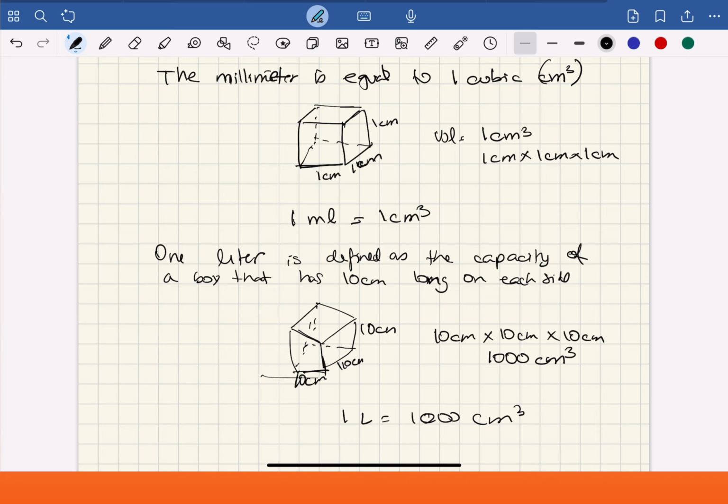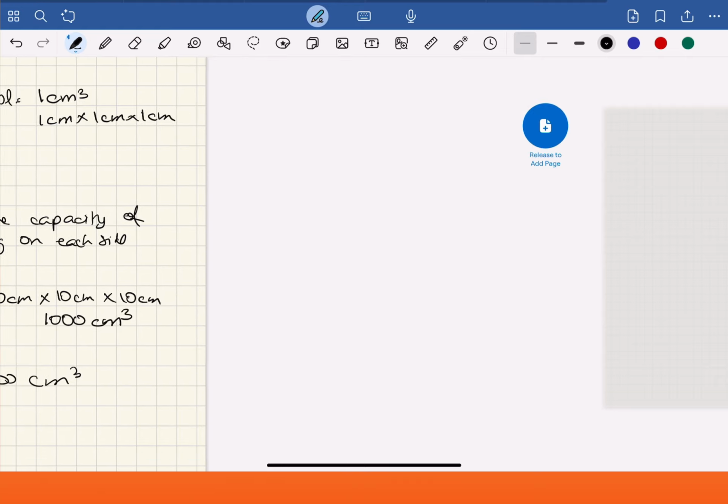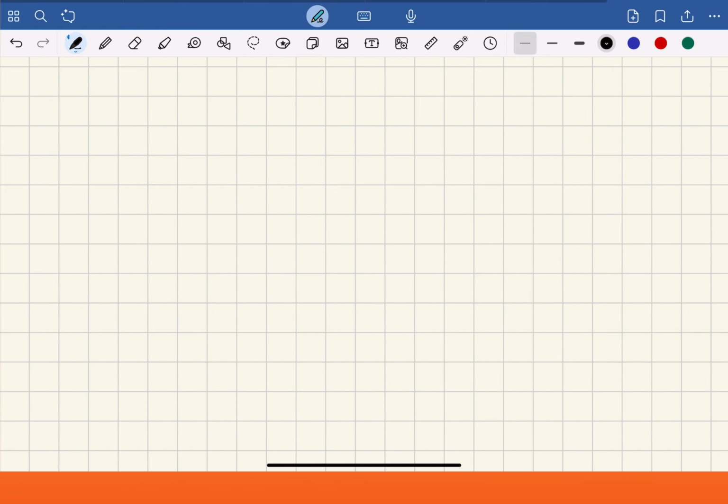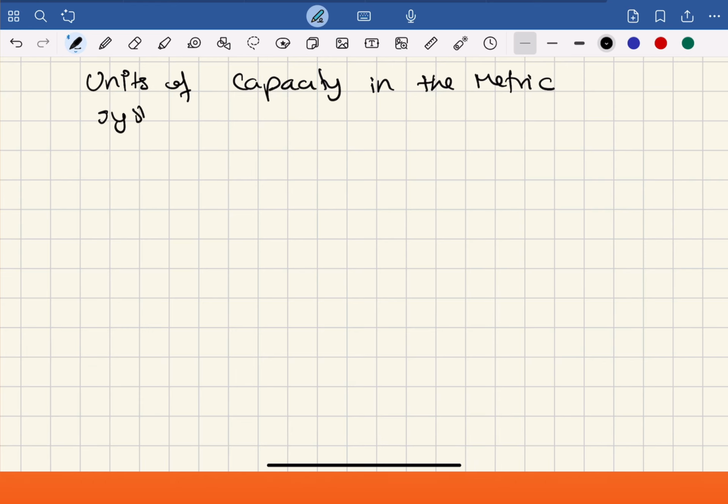So now let's actually look at the units of capacity with the prefixes, okay. So the units of capacity in the metric system are 1 kiloliter.